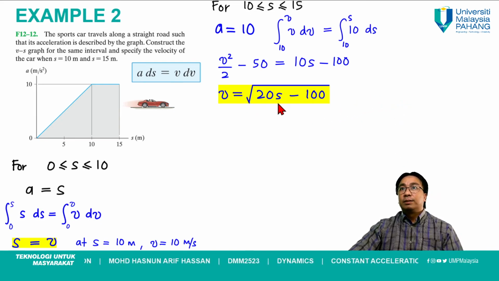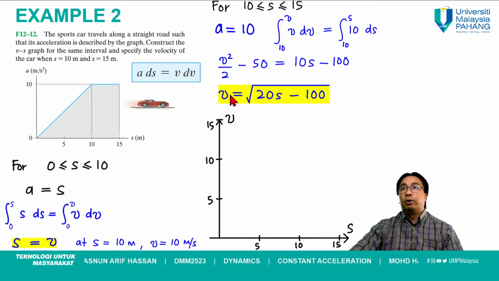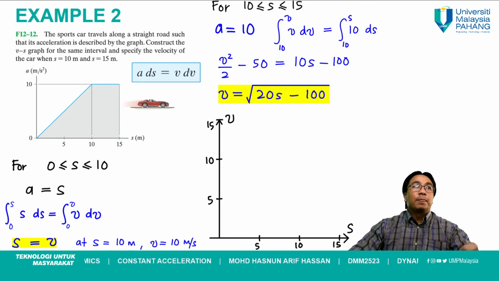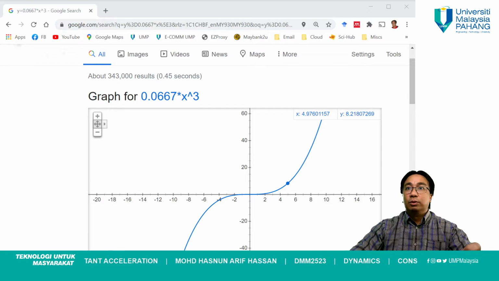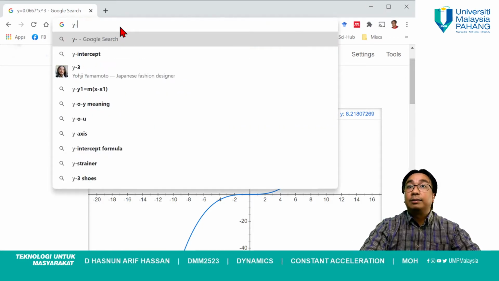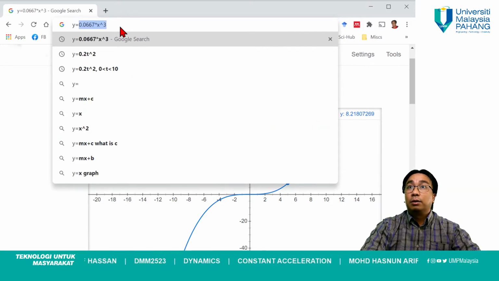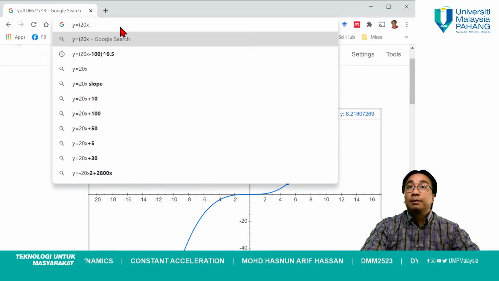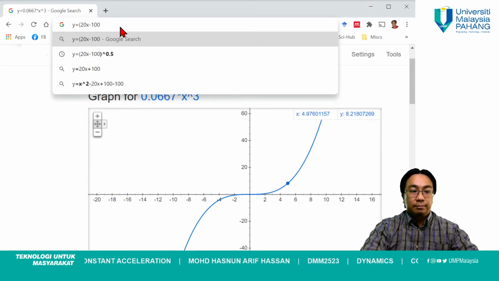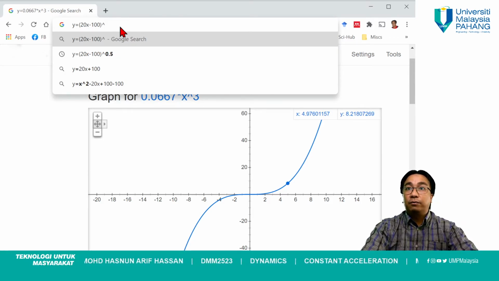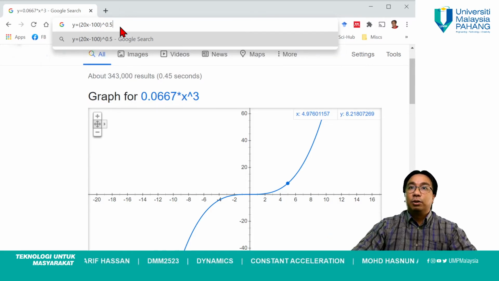Okay, now before we draw the graph, you may be tak sure macam mana rupa graph yang square root ni. Okay, so let's go back to Google tadi. Kita boleh search Y is equal to, put in the bracket 20x minus 100 tutup bracket to the power of, square root is to the power of half, 0.5.